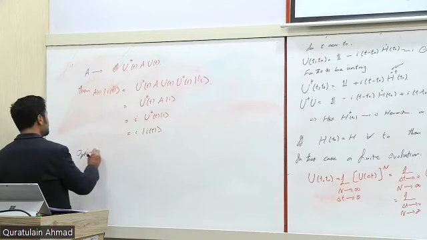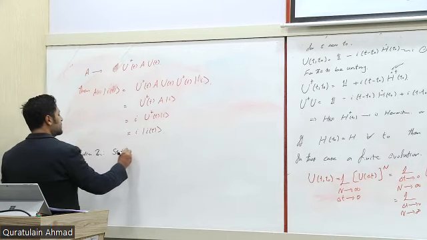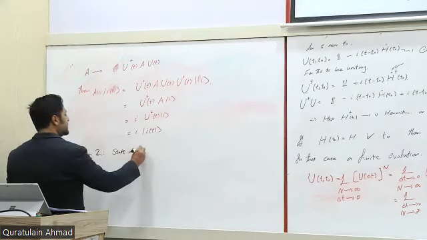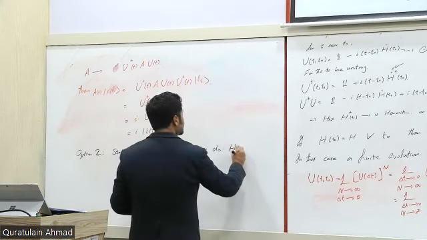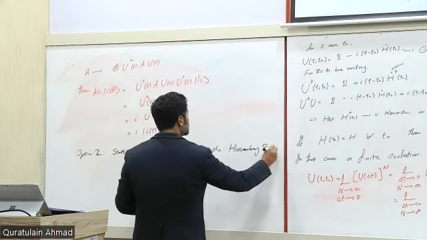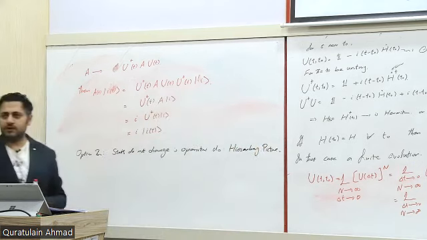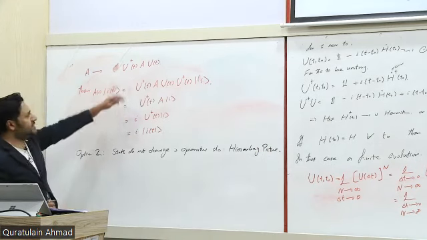Option 2: states do not change, operators do. This is called the Heisenberg picture. The original one was the Schrödinger picture. And this is how they change.